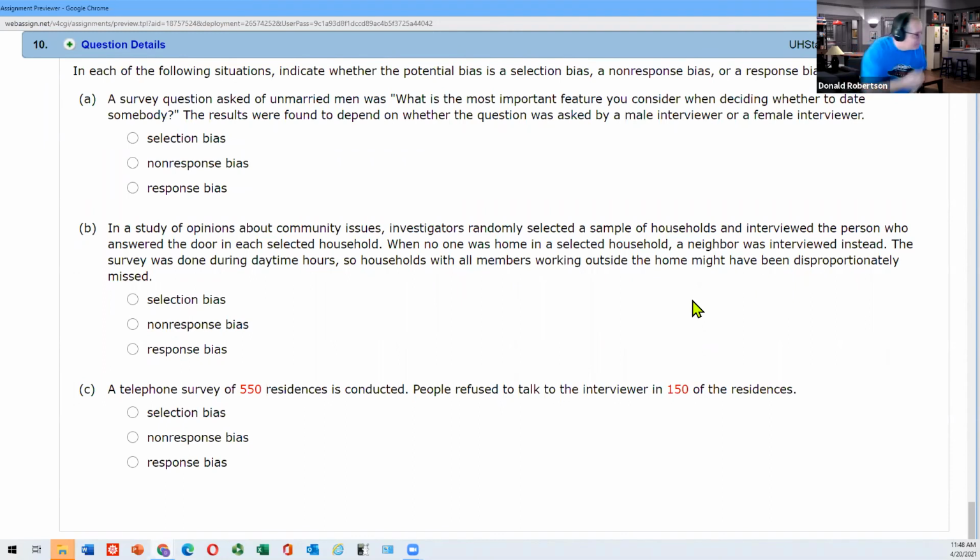Fingers crossed. Right, in each of the following situations, indicate whether the potential bias is selection bias, that is caused by you picking the sample, non-response bias, that's when people refuse to answer, and then we have response bias.